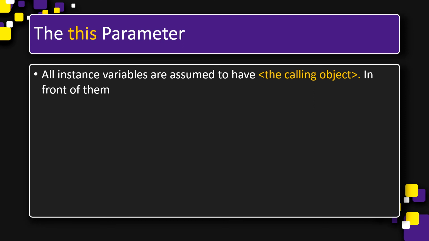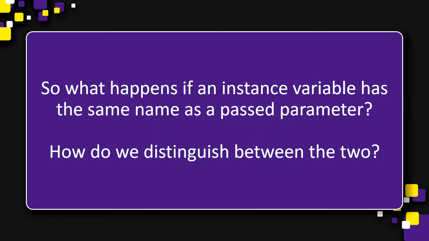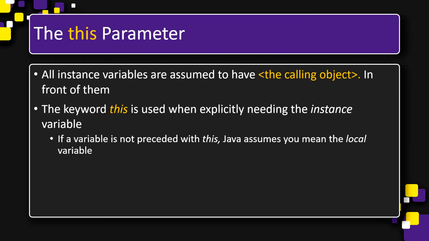Now, what happens if an instance variable has the same name as a passed parameter, or if we're not actually in the class that we need to access that data or method from? How do we distinguish between two variables of the same name when one is associated with the object and one isn't? And that comes down to the this parameter.